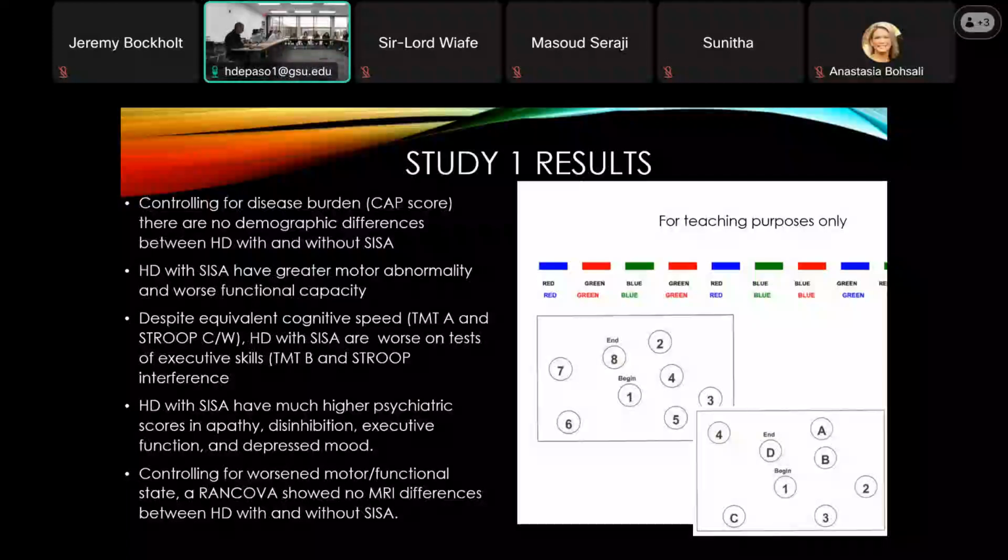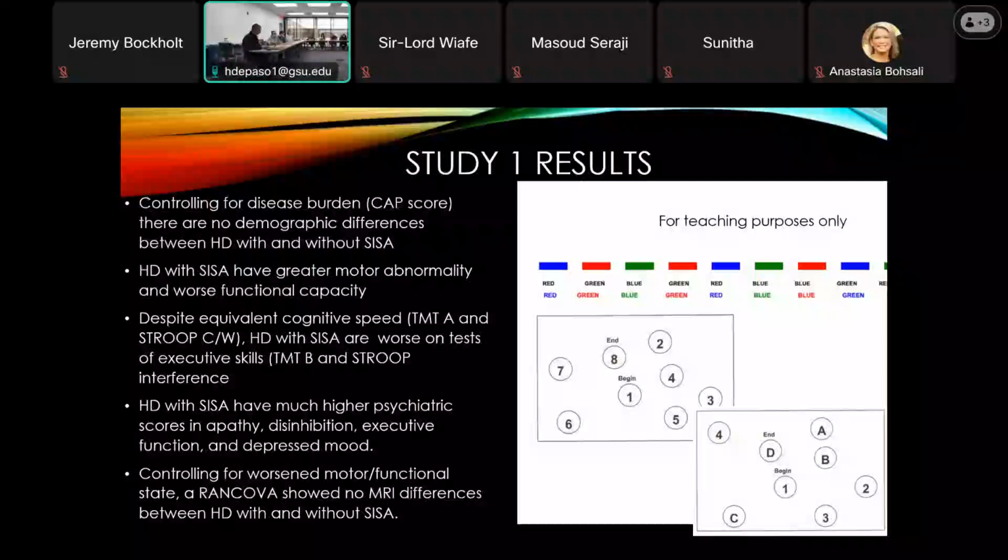So one would be connect the dots as fast as possible, connect the dots using 1, 2, 3, and so forth. We found that despite the equivalent cognitive speed, participants did perform worse on tests of executive skills, which was interesting itself, and does speak a lot to the cognitive abilities and progression of disease.